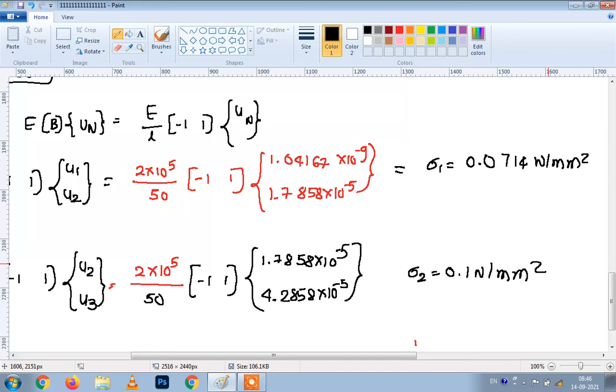If you compare the two, the elimination approach is very easy to solve, but in the penalty approach we have to add one stiffness, which is a very large value, to the particular node point that is fixed in the numerical. Here in this numerical, the first node point was fixed, so we have added that particular value into the first place.